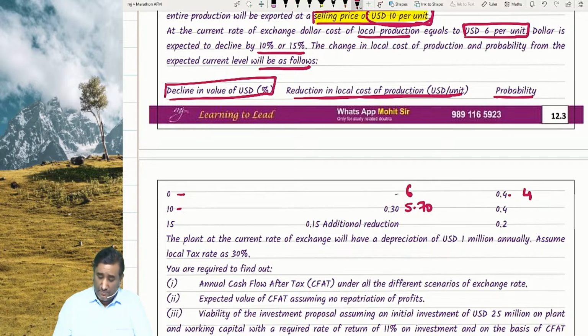No, nothing given. That means 10 minus 5.7, how much do we get? 4.3. If the dollar value declines by 15, an additional reduction, that means 5.75 will become what? 5.55, and my profit would be 4.45.